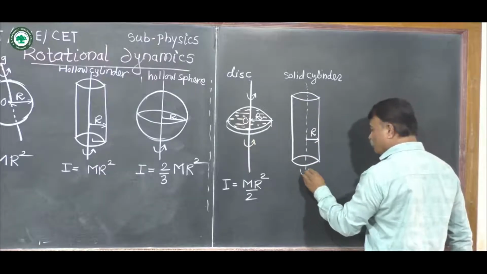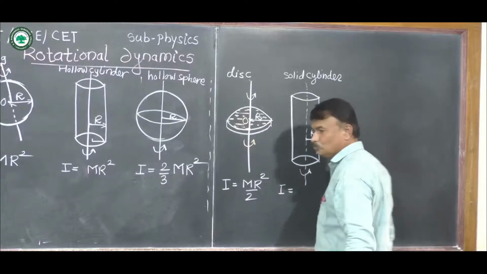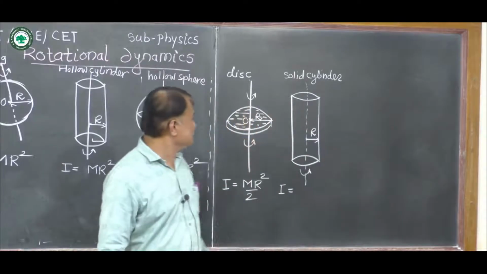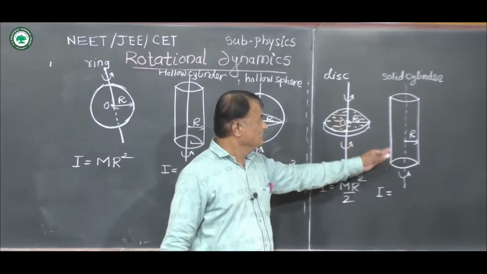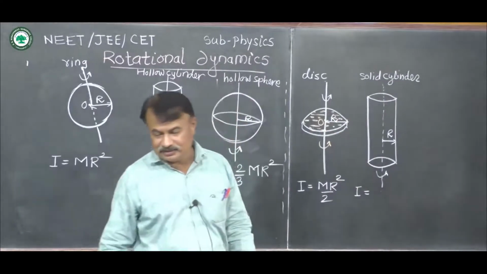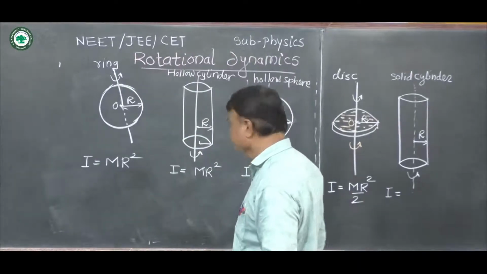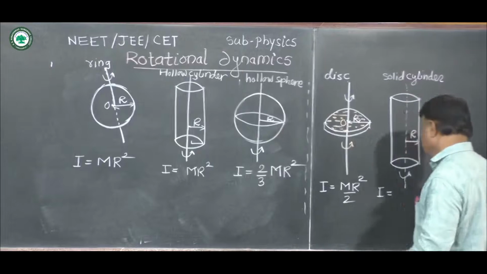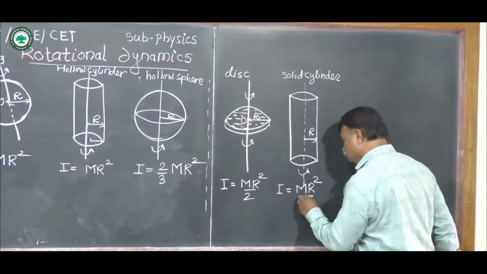Then its moment of inertia I, if this disk is rotating about this axis in this manner, is the same, that is equal to mr square by 2.